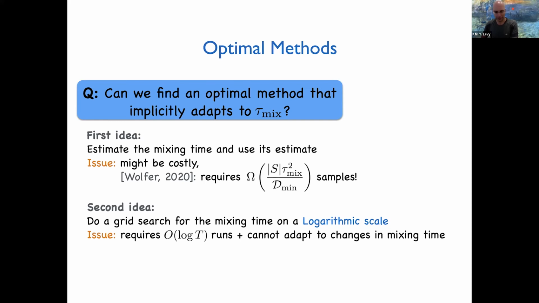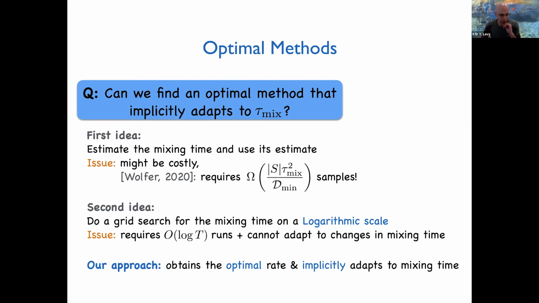You cannot do it online. You have to save the data and then apply versions of your algorithm to this data with different parameters. Our approach is to obtain the optimal rate in just one run and implicitly adapt to the mixing time. That's what we aim to do.